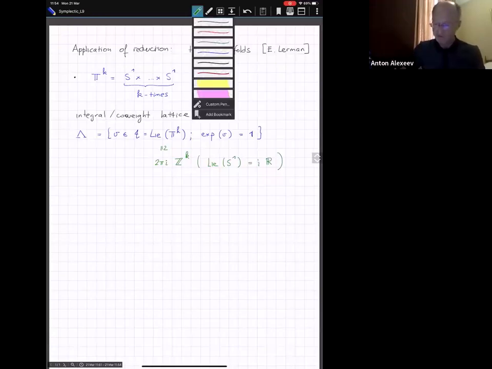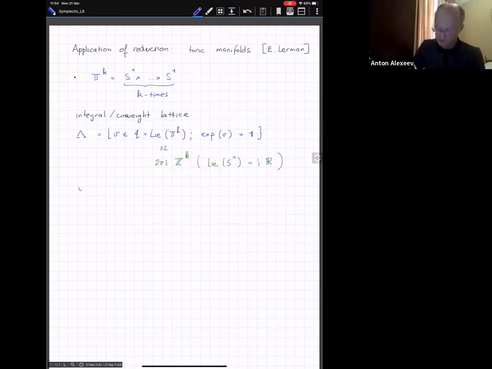So now suppose I'm given some element v of the lattice lambda, and then I would like to associate to this element a group homomorphism from the circle to my torus T^k. And it works as follows. Suppose that here I have an angle theta, an angle representing an element of S1.